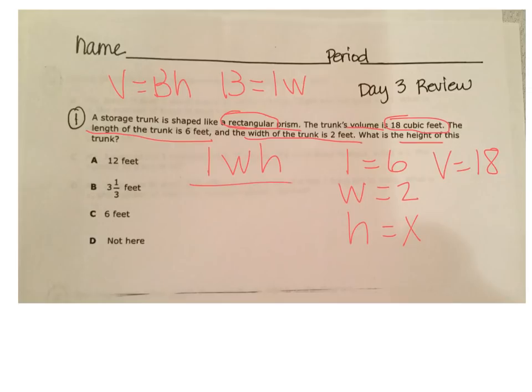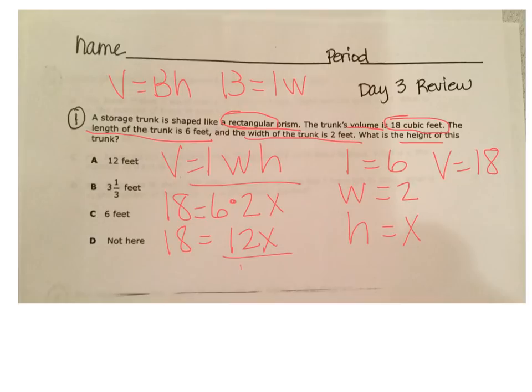So here's my formula. All I need to do is set it up with 18 equals 6 times 2 times x. I don't know what x is, but what I can do is multiply 6 times 2, so that gives me 12x equals 18.